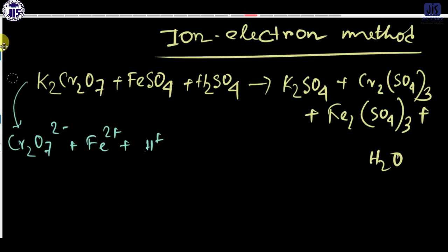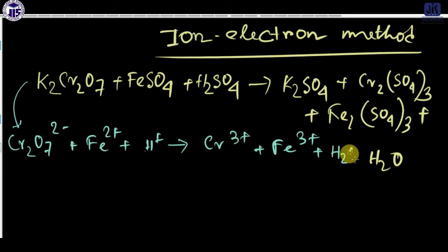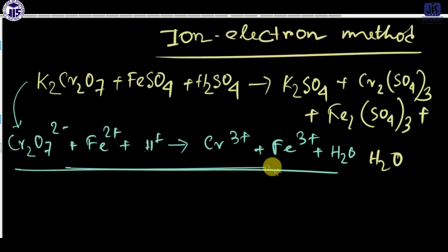So here we can write only H plus. Then Cr3 plus, Fe3 plus, H2O. So this is the ionic form of the reaction.